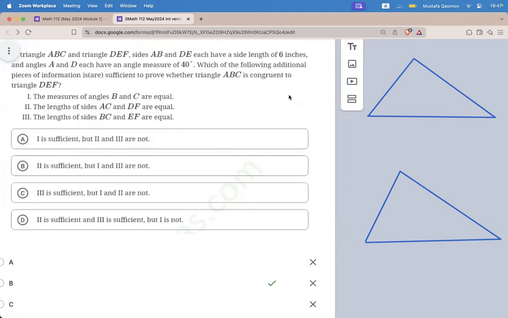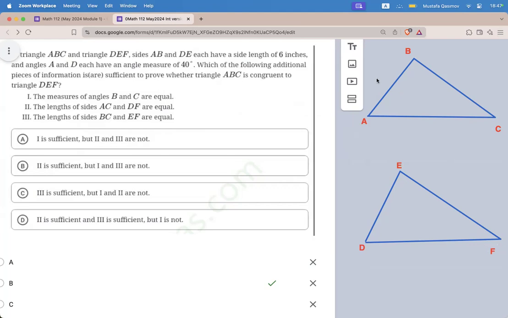We have A, B, C, and D, E, F. Then it says that A, B, and D each have a side length of 6.